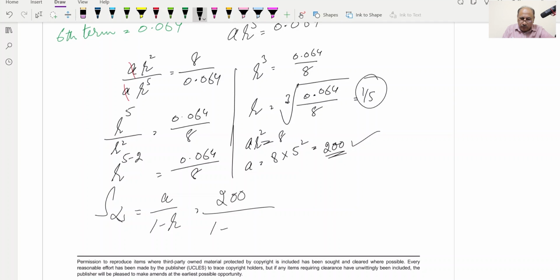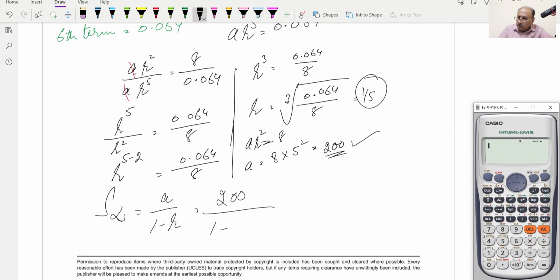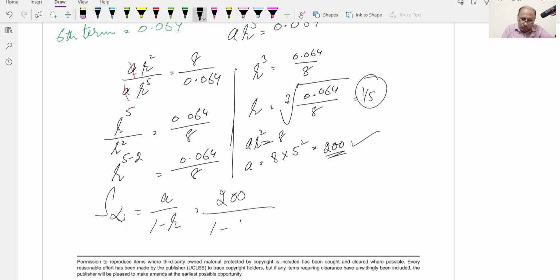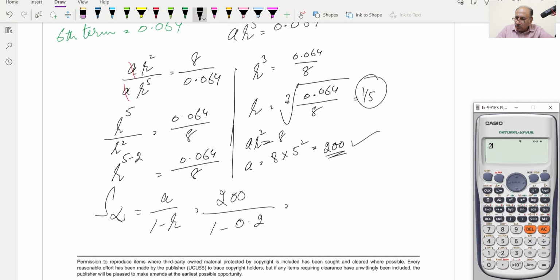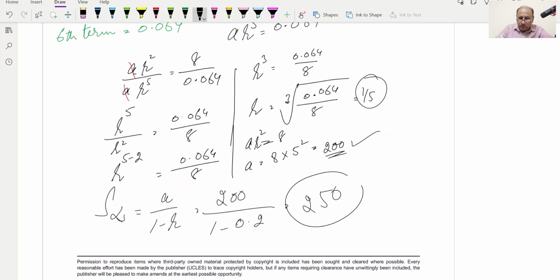So 1 over 5 is equal to 0.2. So we can write 200 divided by 1 minus 0.2, which is equal to 250. So the sum to infinity will be 250. We are done with the paper.